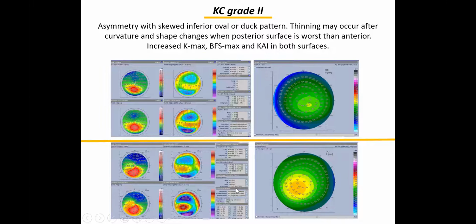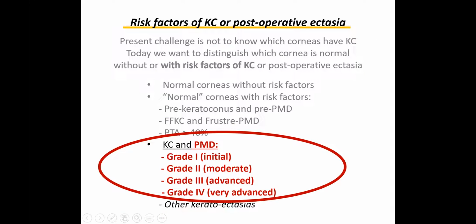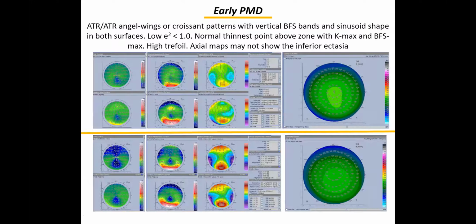Now more asymmetry, more steepening, more elevation, and thinning of the cornea, like here or like here, with skewed or duck pattern in the bow tie. So PMD can also be classified. It's already possible with Galilei G1.